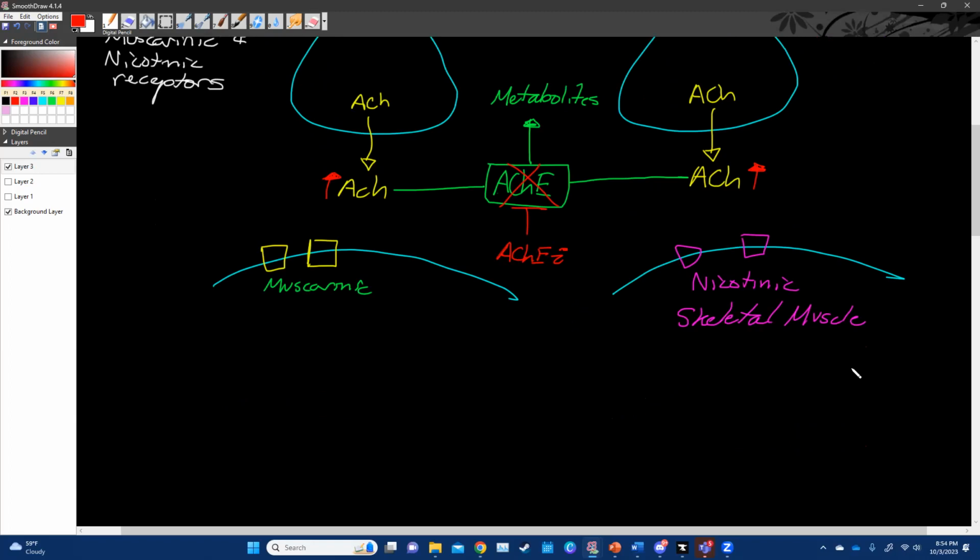So for the nicotinic receptors that are on the skeletal muscle, we have what's called depolarizing and non-depolarizing.